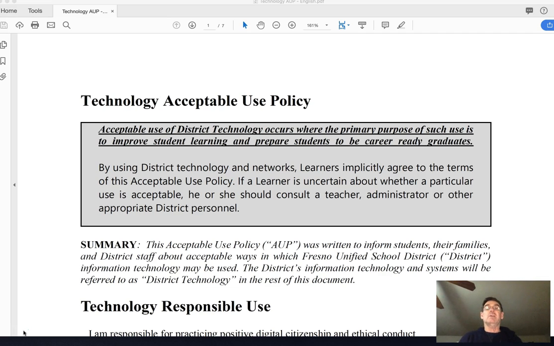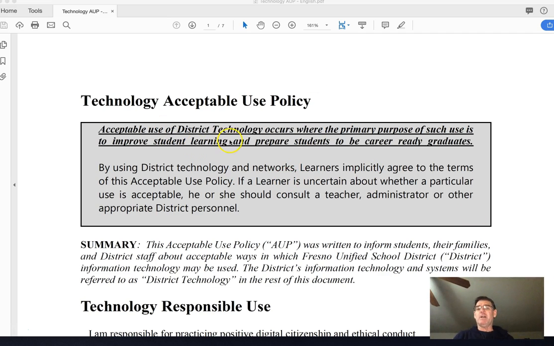I'm your library teacher, and we're going to be discussing the technology acceptable use policy. So the guidelines and the rules and the agreements that you make with Fresno Unified School District in use of their technology, their networks, their computers, and we're going to discuss your responsibilities and your abilities within that policy.